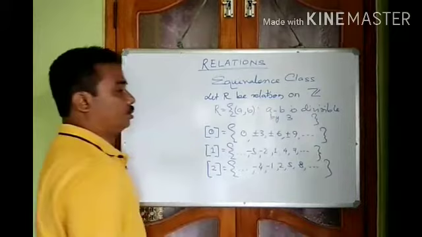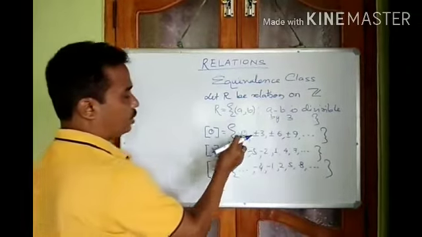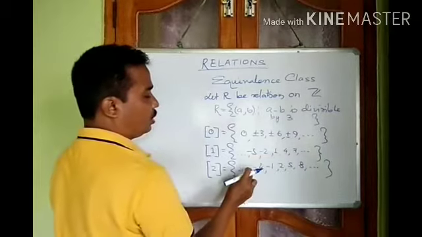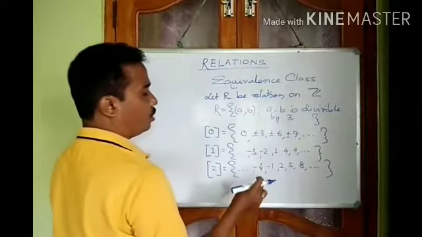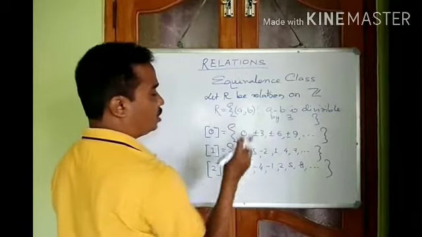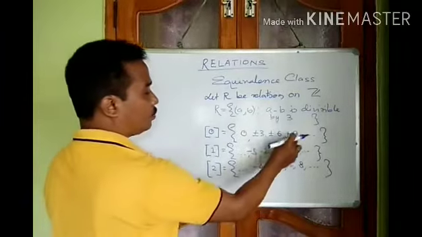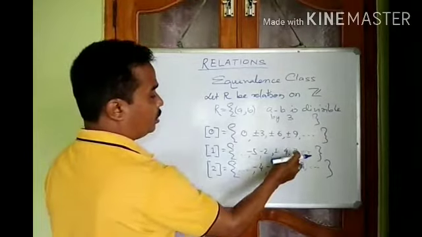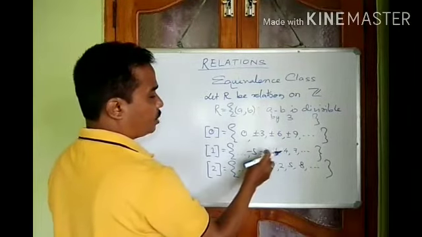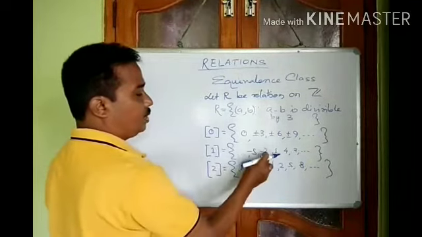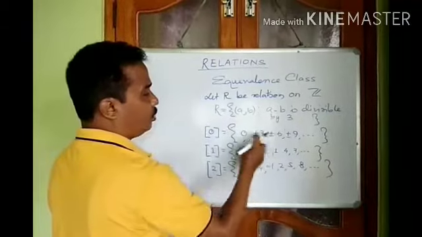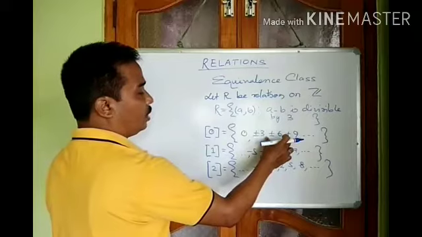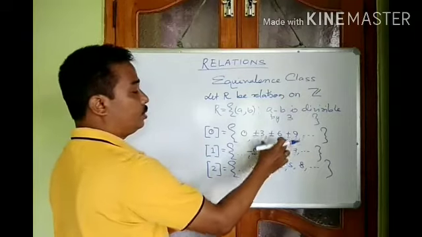So these elements are related to each other. Here also elements are related to each other. Here also, because 6 minus 3 is divisible by 3, 9 minus 3 is divisible by 3, 7 minus 2, that is 5, hmm, 7 minus (minus 2), that is 9, is divisible by 3. So if we take any two elements from here, their difference is divisible by 3.